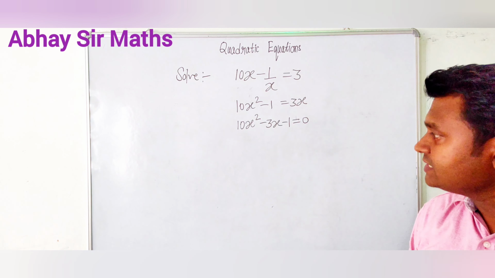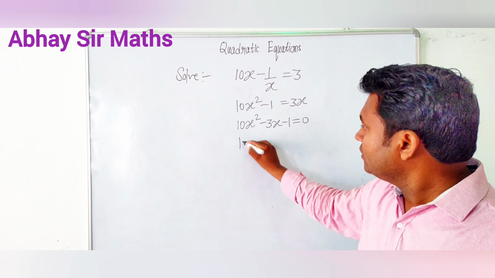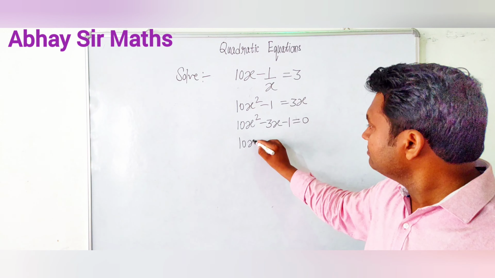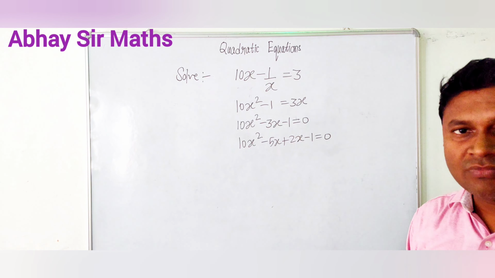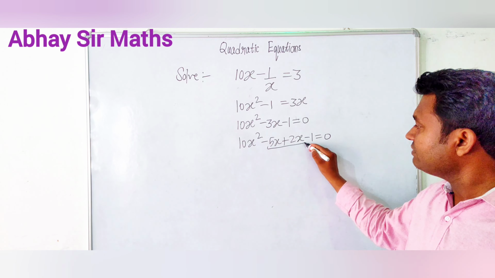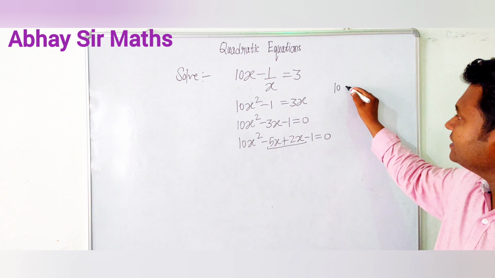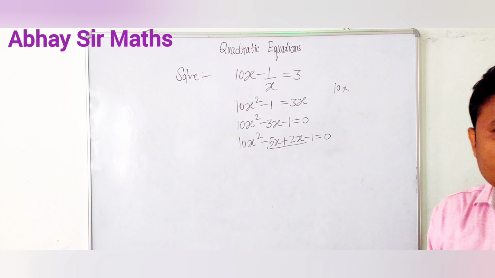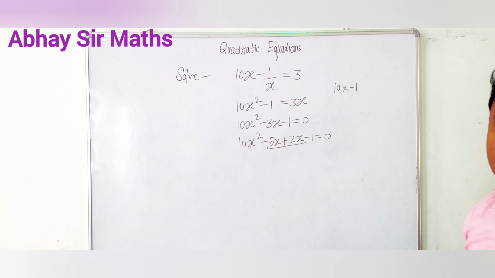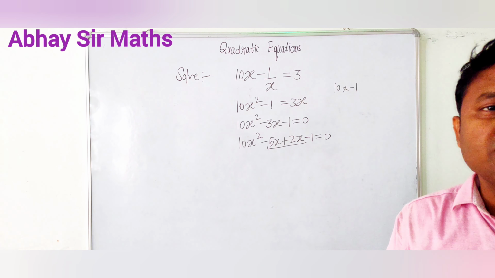Now try to factorize it by splitting the middle term. 10x square minus 5x plus 2x minus 1 equal to 0. Now how did we get this value? Multiply the coefficient of x square, which is 10 here, and the constant term, which is minus 1. Now get its prime factorization.